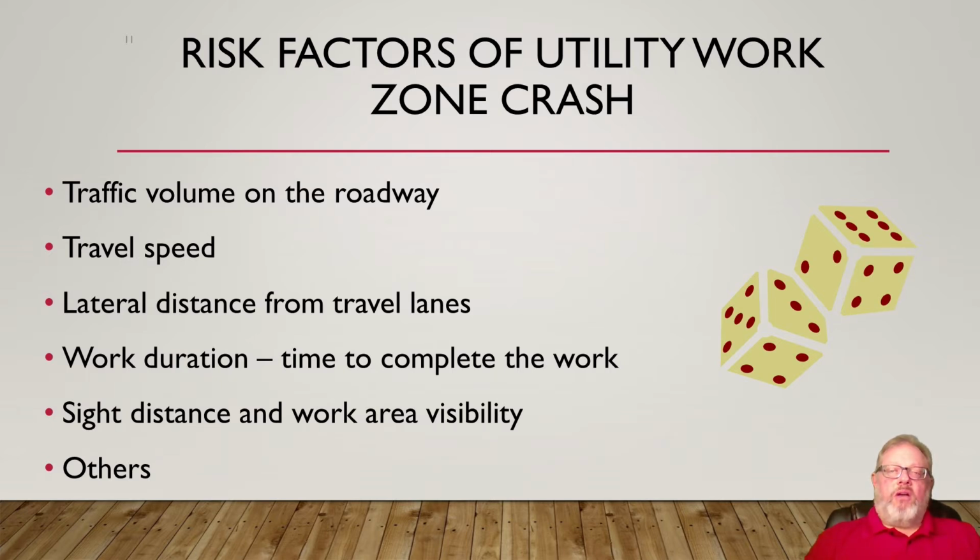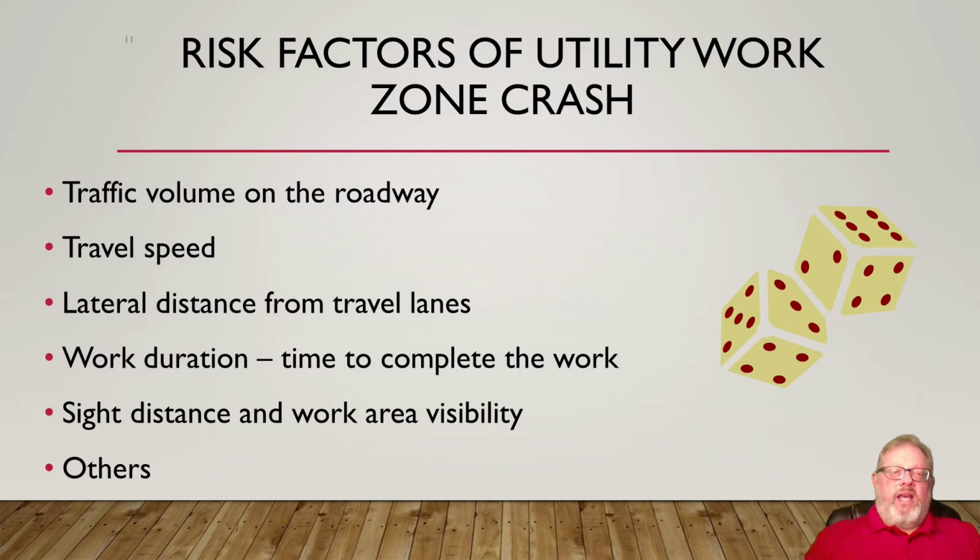Something we often talk about when we talk about traffic control is sight distance and work area visibility. A lot of times we talk about blind hills, blind curves, unkept shrubs, and trees that will hide a flagger or partially hide a vehicle with high intensity lights.